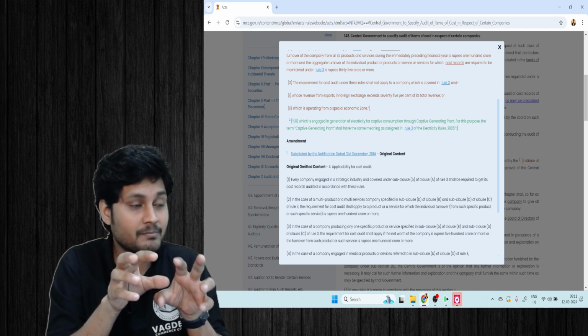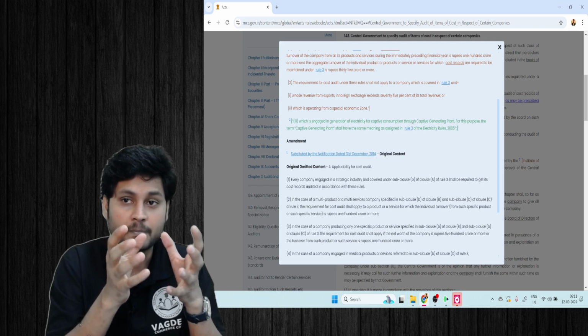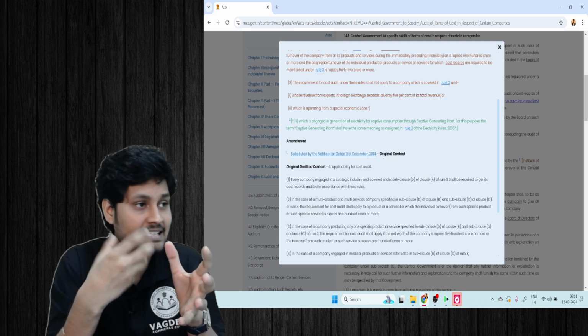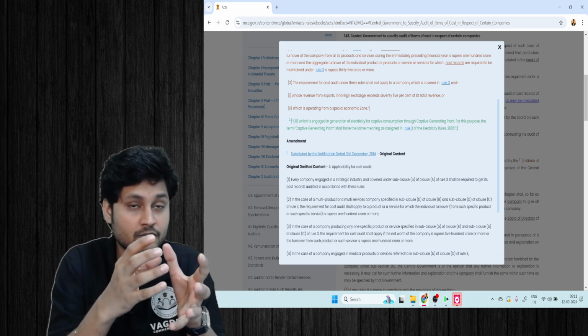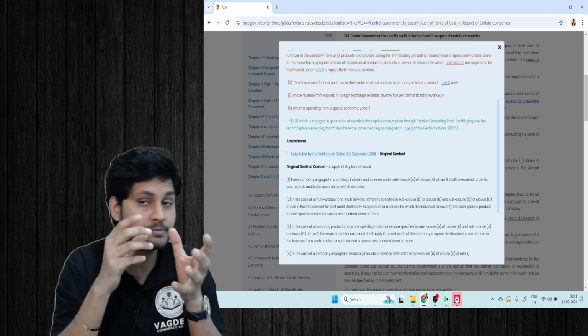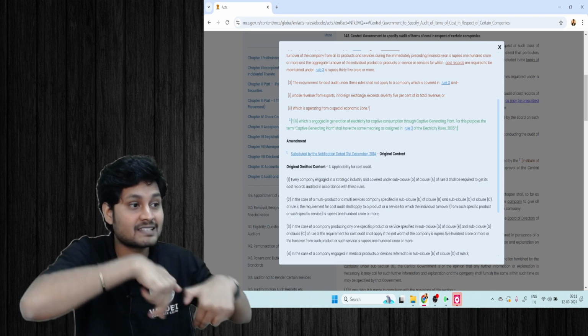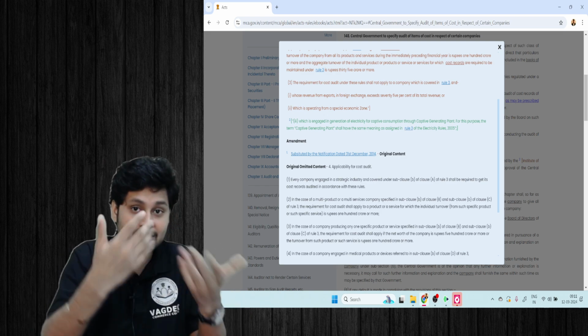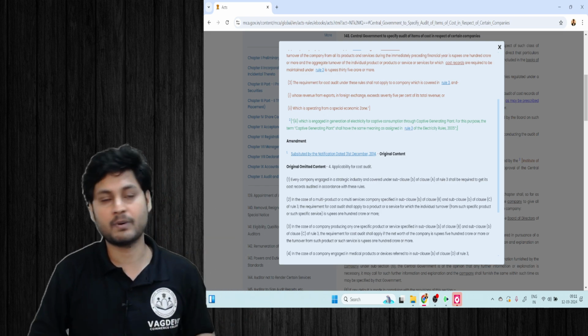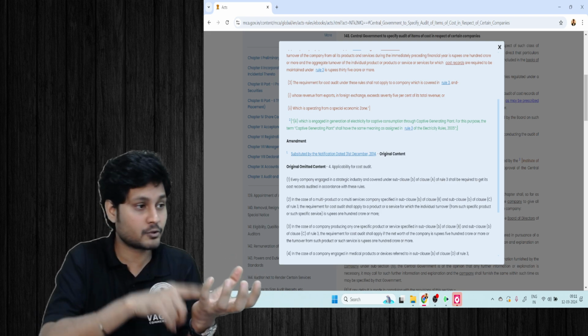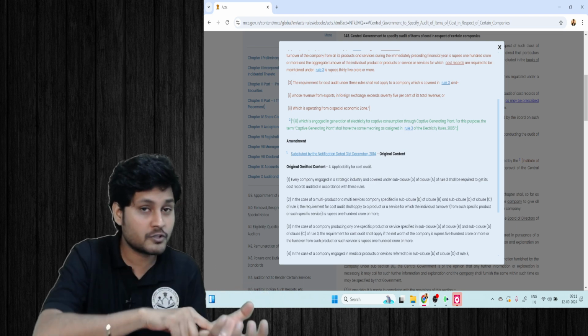However, there is a company having a power plant, and they are generating some power, but this power is not for the purpose of selling. This power is for the purpose of captive consumption. For themselves, they are generating the power, and the power generated through that plant is used by the company itself.